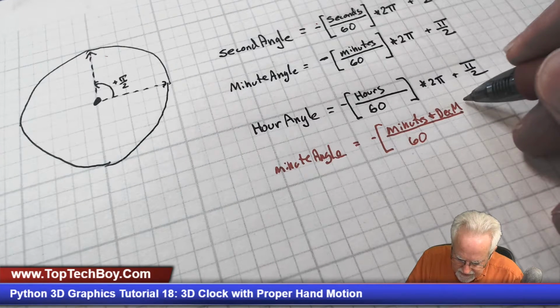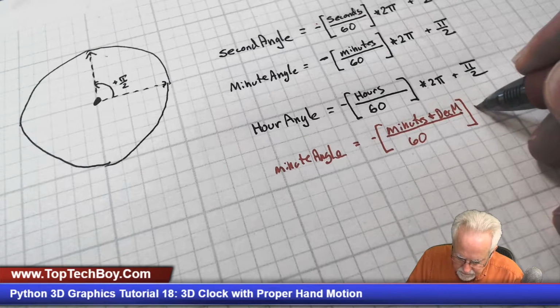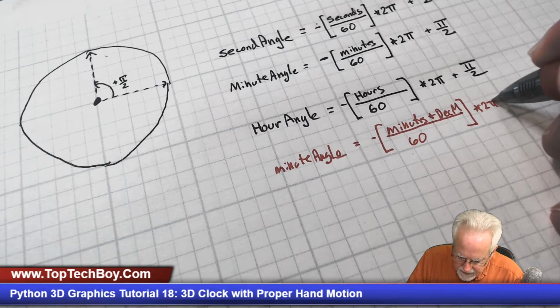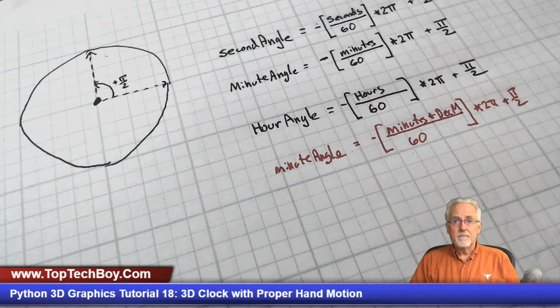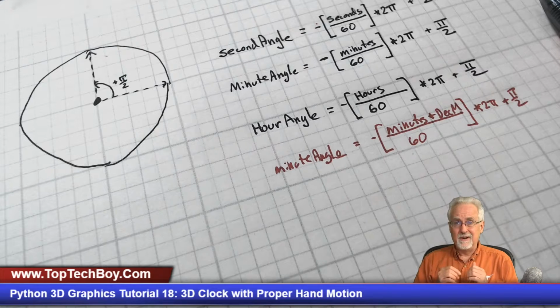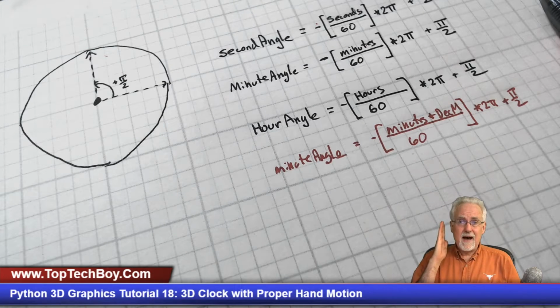I want to add that and then still multiply by 2 pi and then add pi over 2 like we were before. Now, what is the decimal minute? Well, think about this. If I am at 0 seconds, what fraction of a minute do I have? 0.